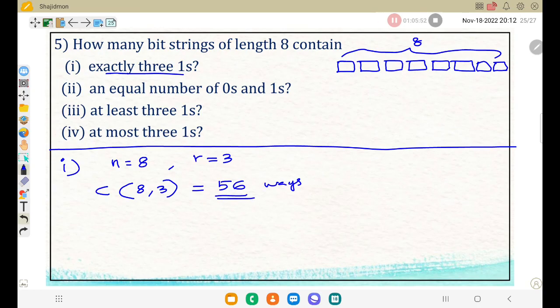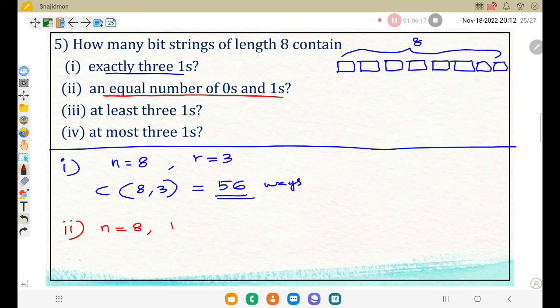Okay. Now, second part of the question. An equal number of zeros and ones. Totally we have length 8, correct? Equal number of 0s and 1s. Equal number of 1s means automatically zeros are the same, correct? So how many slots in total? 8. So n equal to 8.